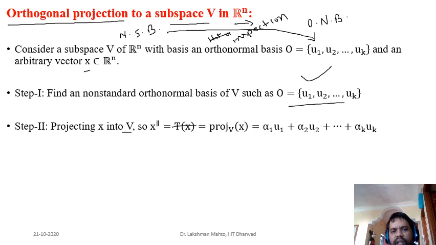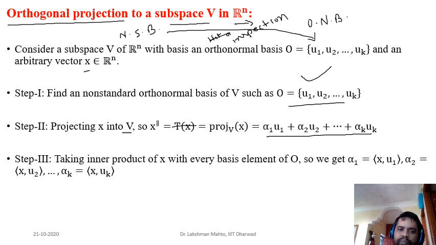That projection of x in V would be a linear combination of the basis elements of V. That's why we write it as a linear combination of the basis elements of V. Now the next task is to apply the inner product and get the coefficients. How will you get them?